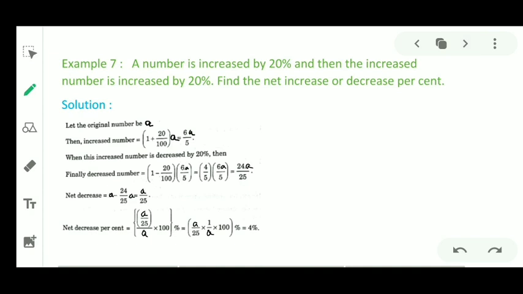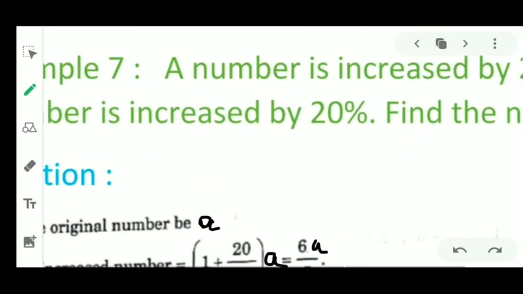Next is example 7. A number is increased by 20% and then the increased number is increased by 20, that is wrong, it will be decreased.